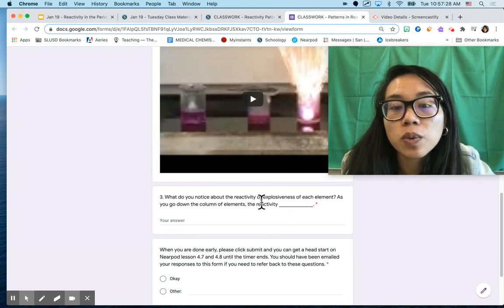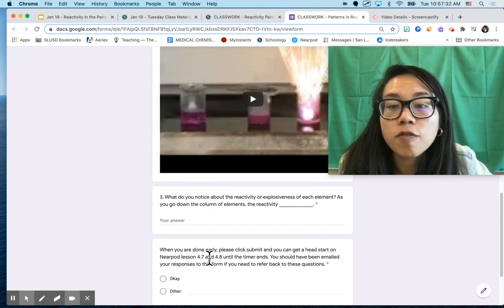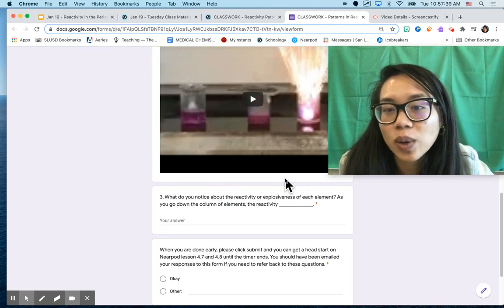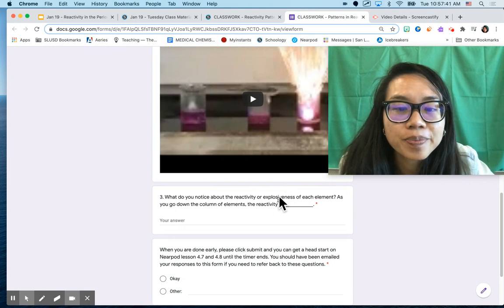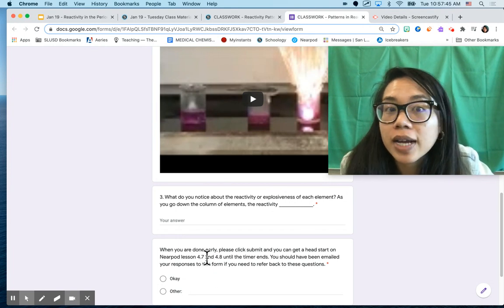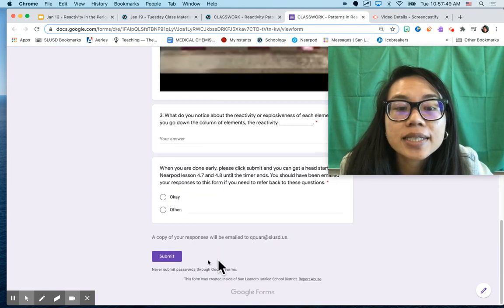And once you're done with this, if you watch Nearpod lesson 4.7 and 4.8 for your notes, it will explain why the reactivity is this way if you did not notice the pattern, and other patterns you need to know for chemistry as well. So once you're done with this form, go ahead and click Submit.